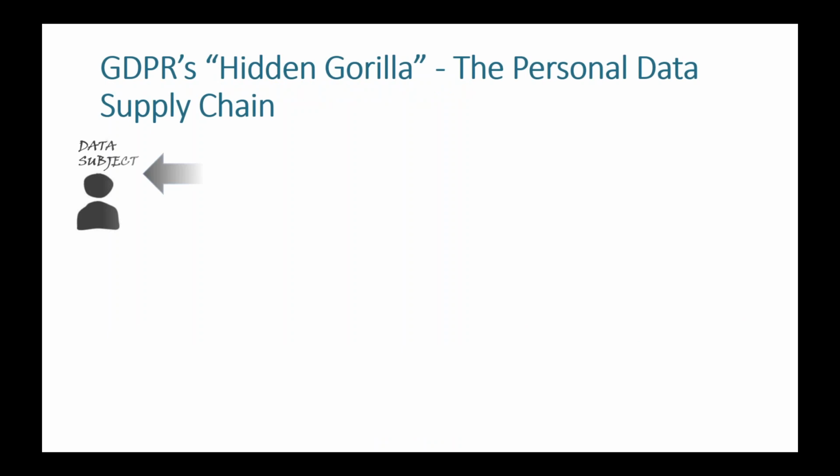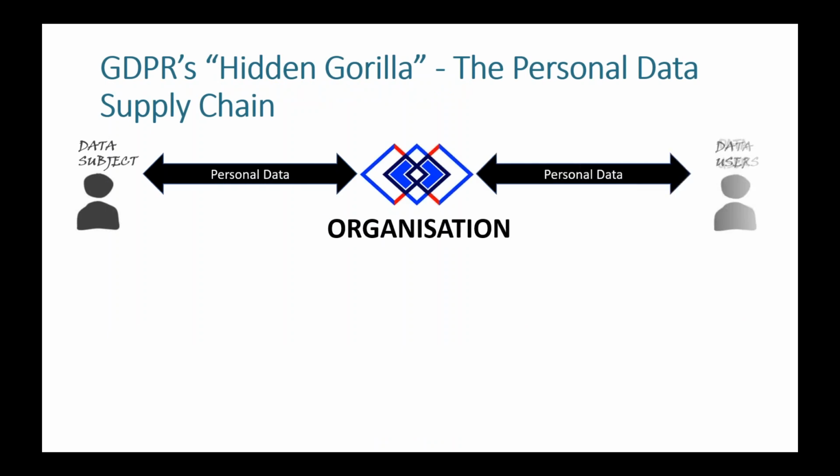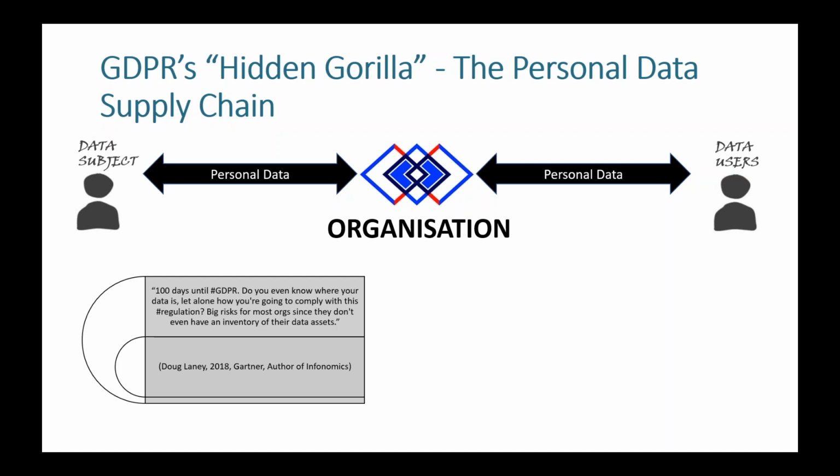What's the hidden gorilla or the elephant in the room? Well, it's the personal data supply chain connecting the data subject and data users. Recently, Doug Laney, who's with Gartner and the author of Infonomics, put a post on LinkedIn with 100 days to go. He's basically saying many organizations don't even have an inventory of their data, let alone control of their personal data supply chain.